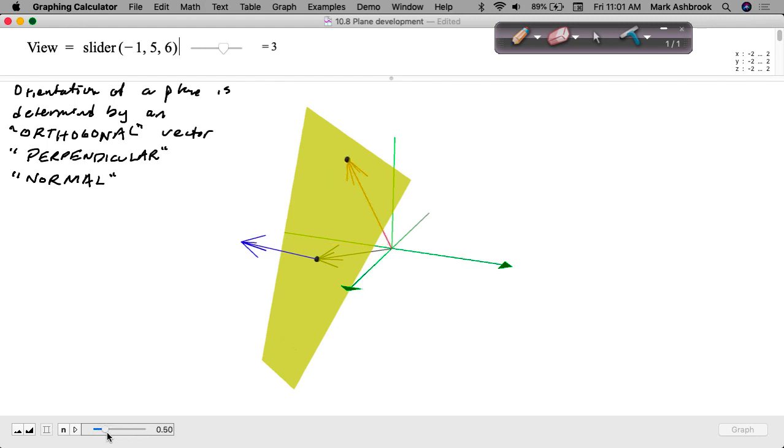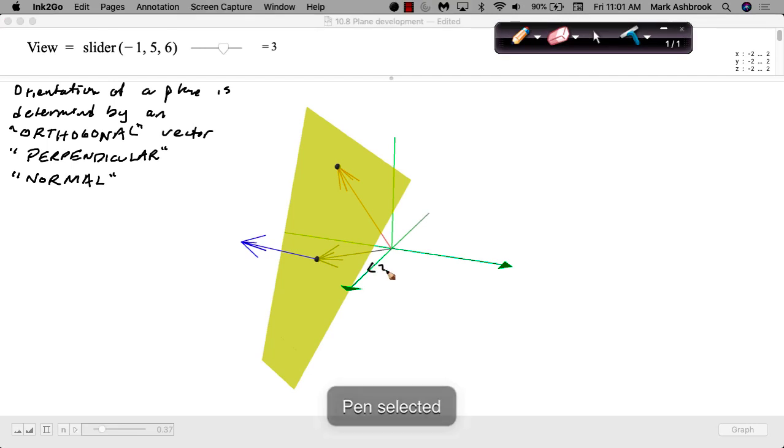Does the task make sense? Okay, so this is my known point, and my normal vector.